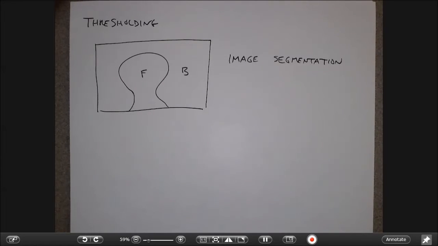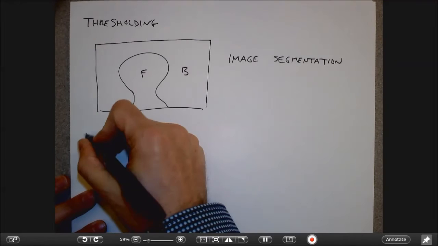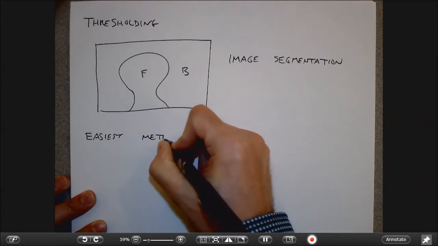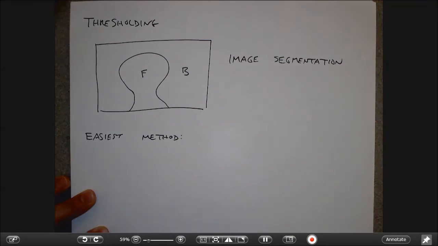And so the easiest way to start with that problem from a very low-level pixel processing point of view is called thresholding. So the easiest method is the following. I'm going to assume, for the purposes of this lecture, that the stuff I'm interested in is either brighter than the background or darker than the background, okay?